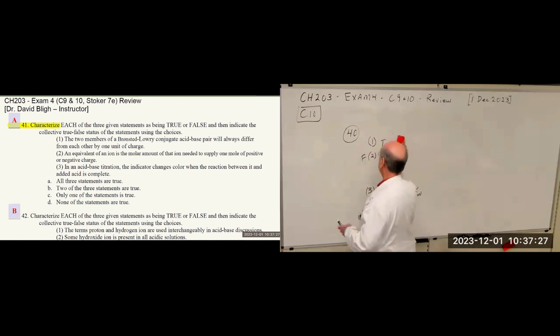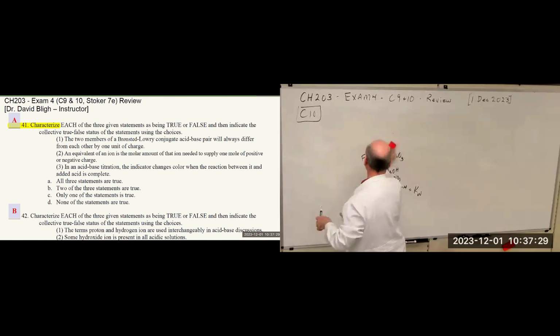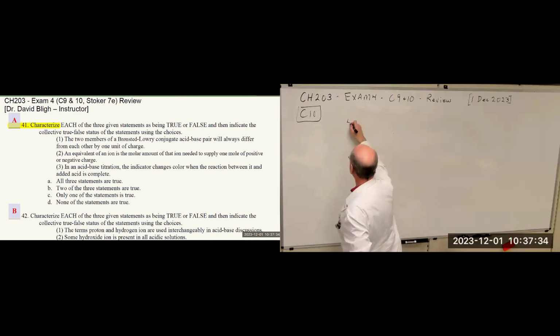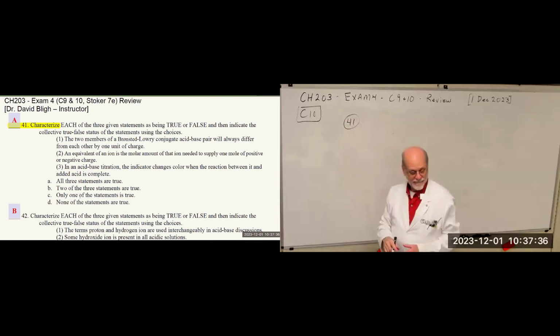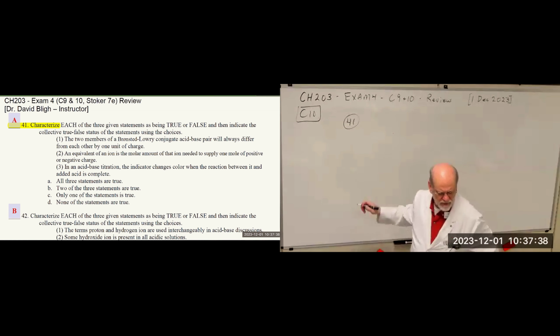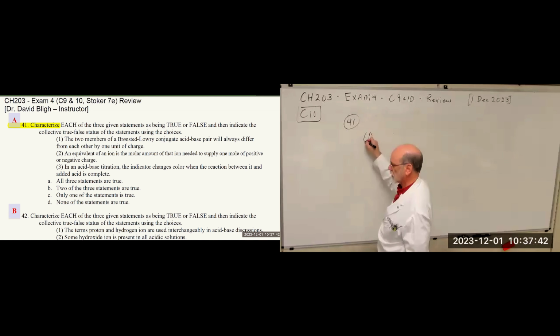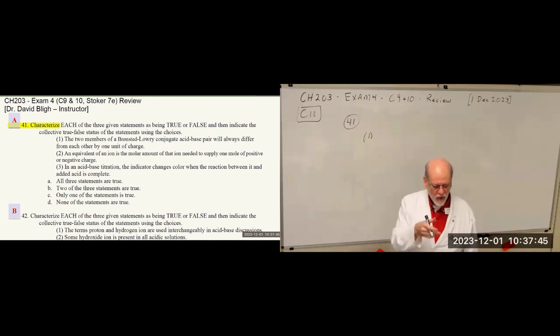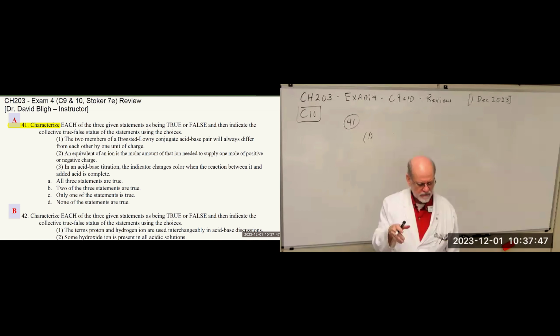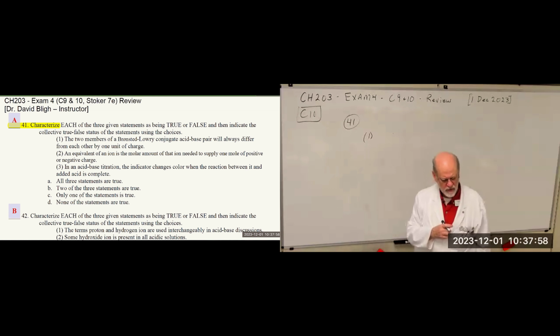41. Just about out of time. 1, the two members of a Bronsted-Lowry conjugate acid-base pair will always differ from each other by 1 unit of charge.